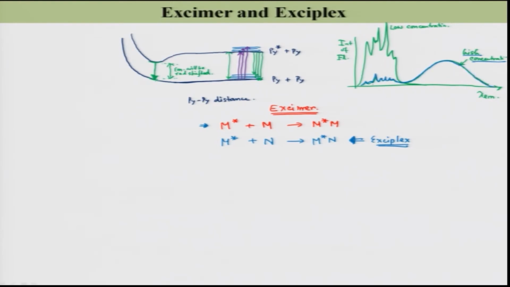Now if you monitor the fluorescence transient at different wavelengths, let us say at this wavelength, this and many such kind of wavelengths till here, right, you have measured the different wavelengths.